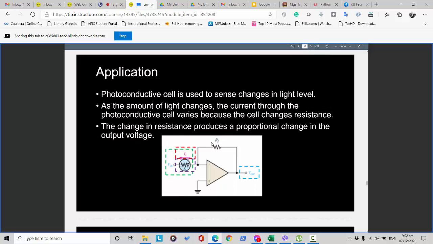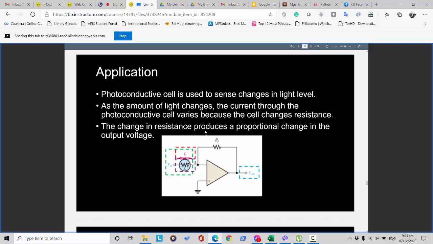Now, in some applications, we use the converter in photoconductivity. A photoconductive cell is used to sense changes in the light level. As the amount of light changes, the current through the photoconductive cell varies because the cell changes resistance.